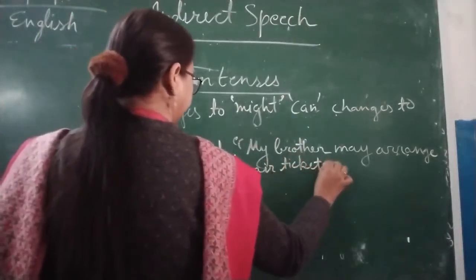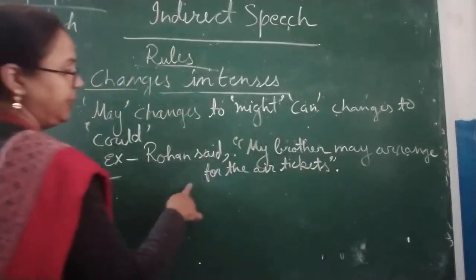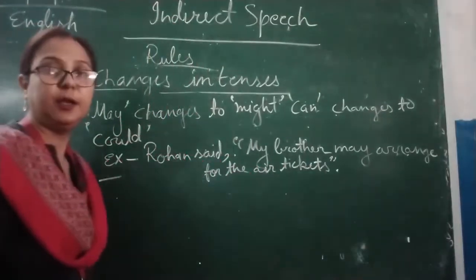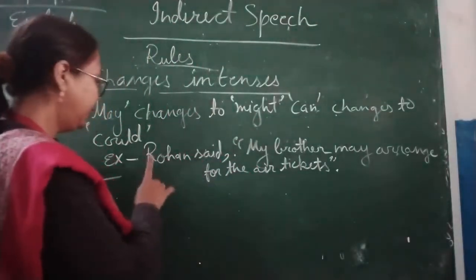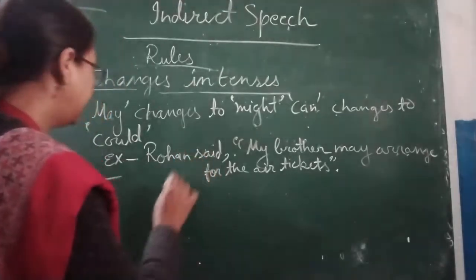Okay, children. So here you can see Rohan said, my brother may arrange for the air tickets. This is the wish of Rohan. Now, how are we going to write it in indirect speech?